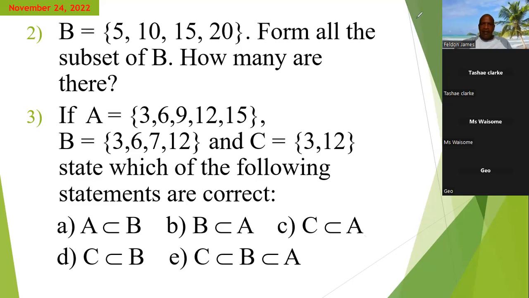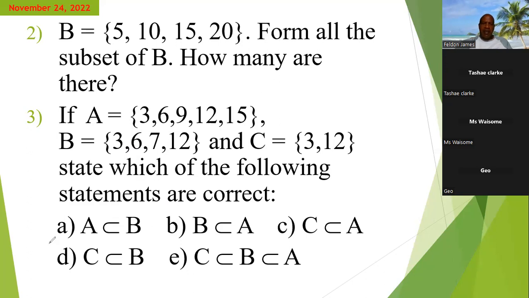All right. For question 3, it says if A is the set 3, 6, 9, 12, 15, B is the set 3, 6, 7, 12, and C is the set 3 and 12, state which of the following statements are correct.